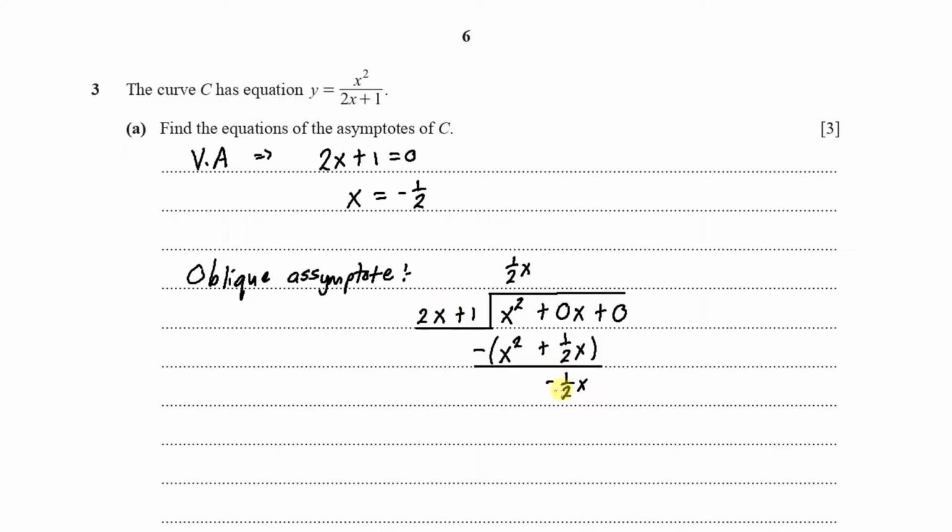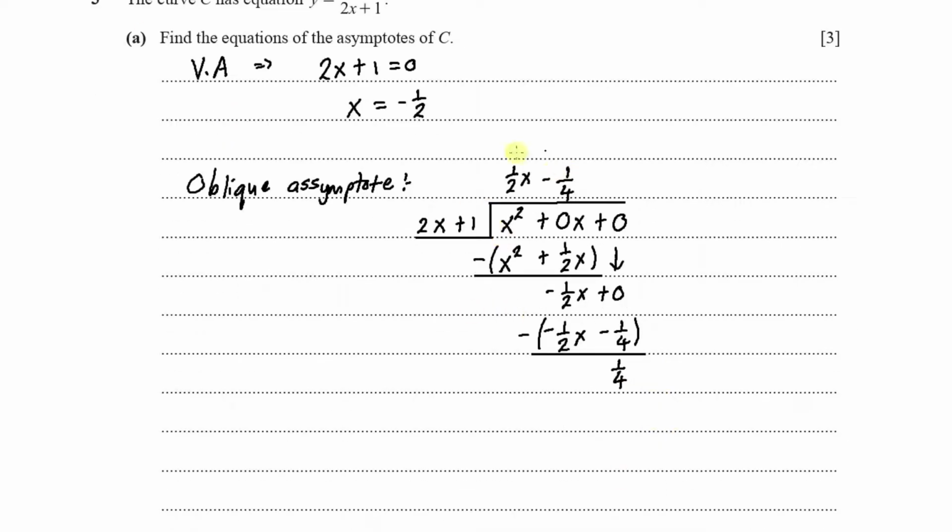Then 2x into minus a half of x, I get minus a quarter, and minus a quarter times 2x plus 1, here I have to bring down 0, I get minus a half of x, and minus a quarter times 1, I get minus a quarter. And finally the remainder comes out as a quarter here.